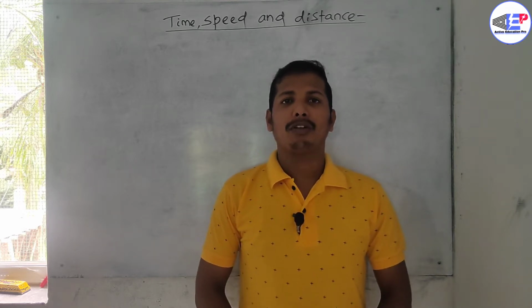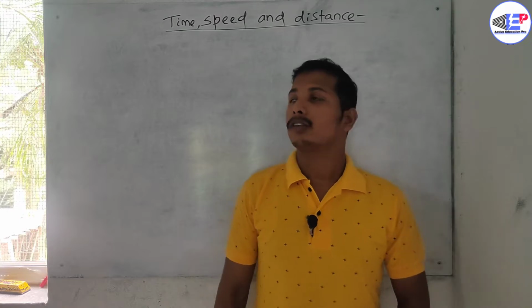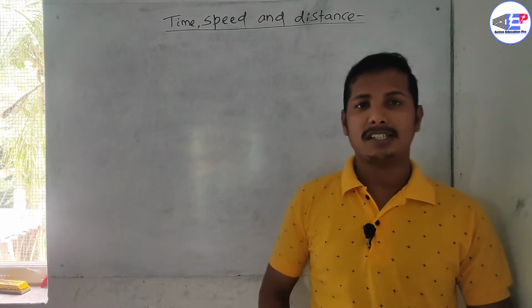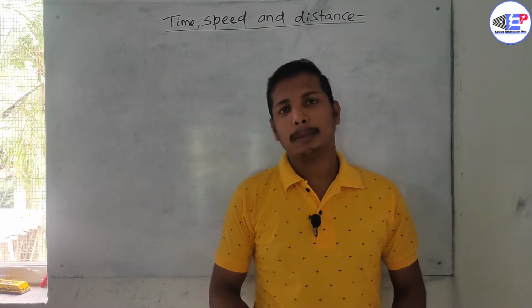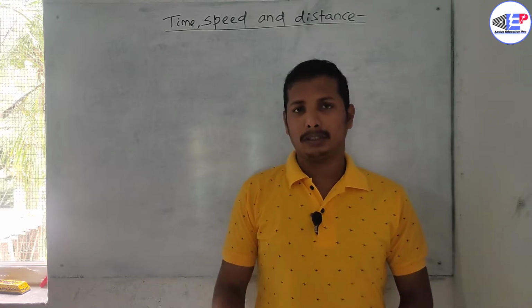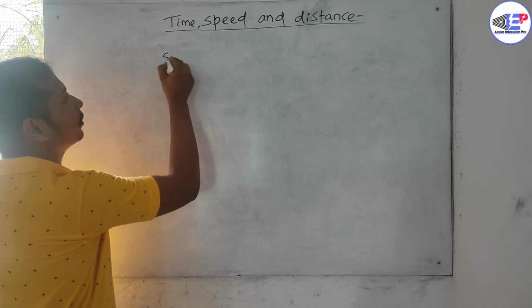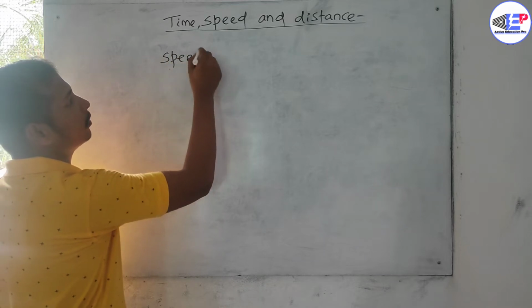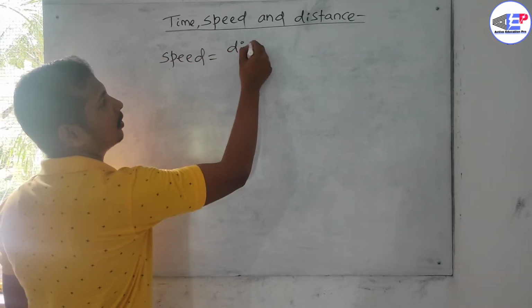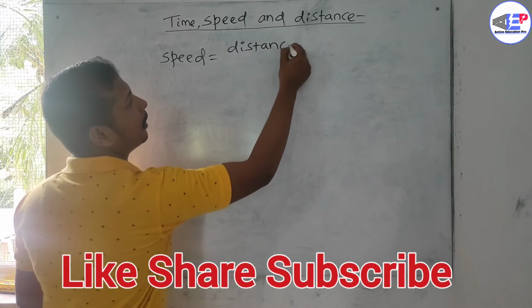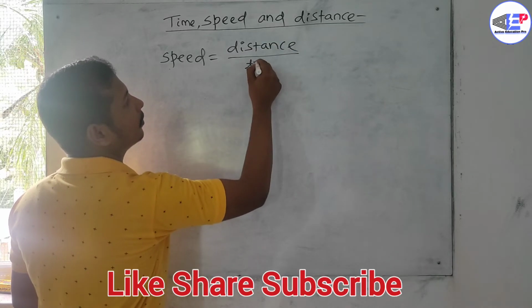Today we are going to solve some numerical problems from time, speed and distance. We have studied from previous videos that the formula for speed is distance divided by time.